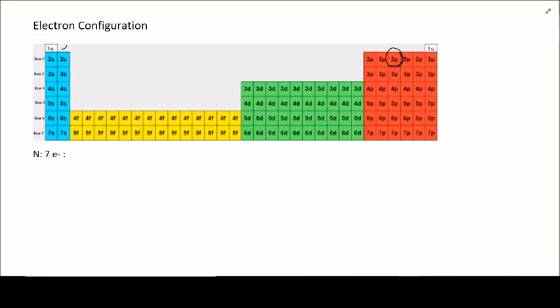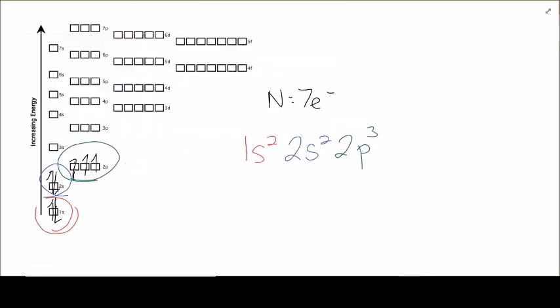So currently we have 1, 2 electrons in the 1s orbital, and we have 2 in the 2s orbital, and we have 1, 2, 3 in the 2p orbital, which is what we saw when we drew the electron orbital diagram.